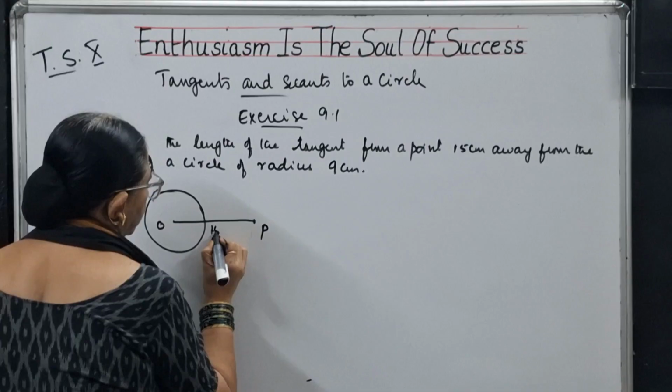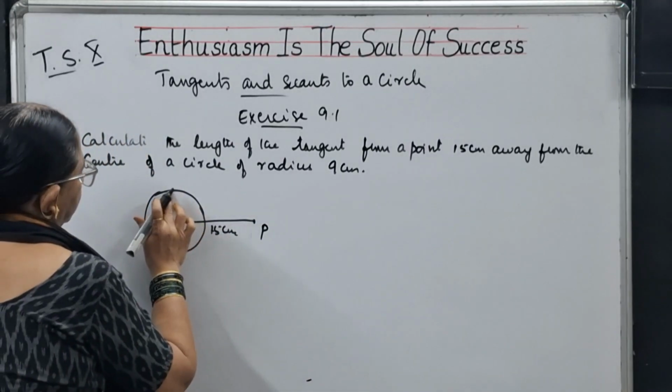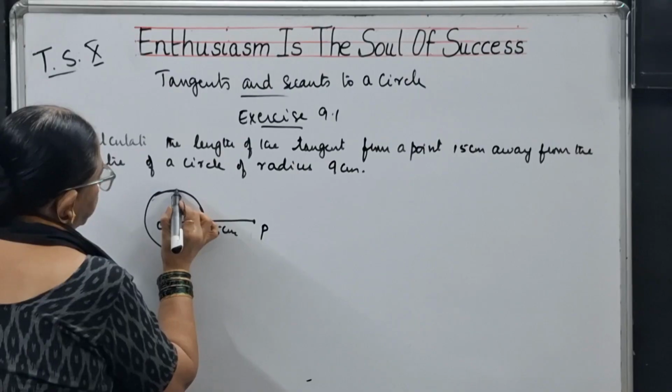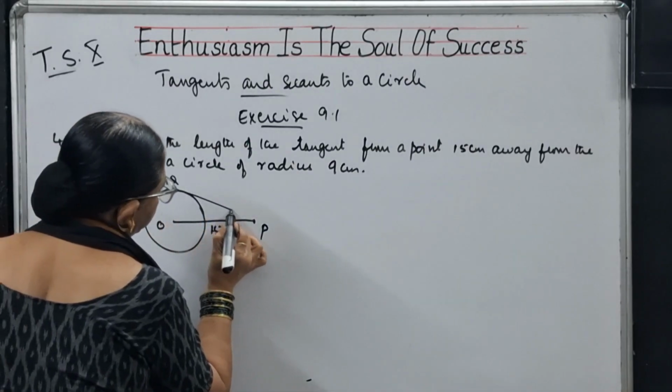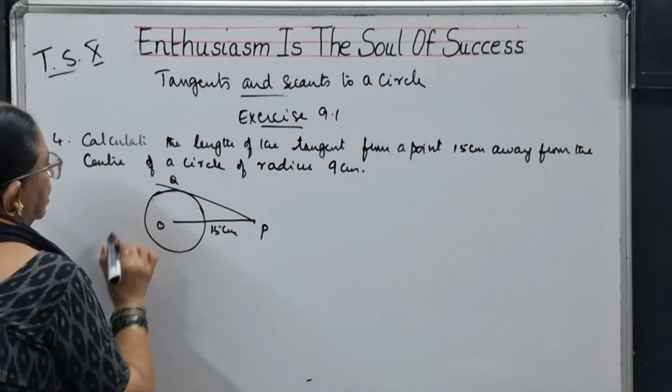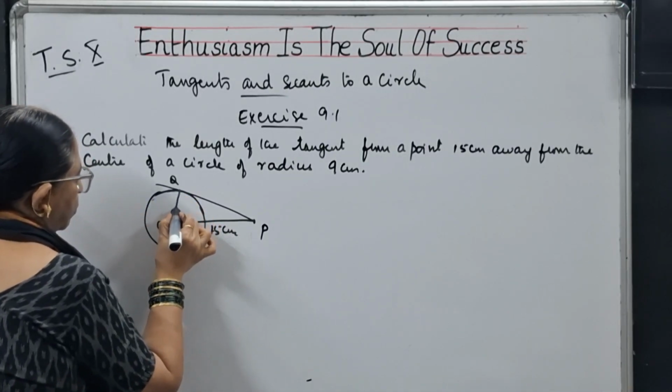So, this is 15 centimeters. And the tangent, let me take a point here Q and draw a line through this point. This becomes the tangent.